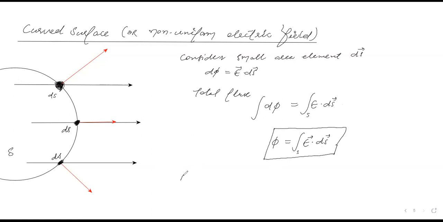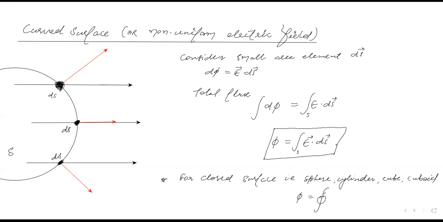If your surface is closed, for a closed surface like sphere, cylinder, cube, cuboid, all of these surfaces are closed, you can write flux phi is equal to the integration, and after writing your integral sign, you can draw a circle at the center like this.